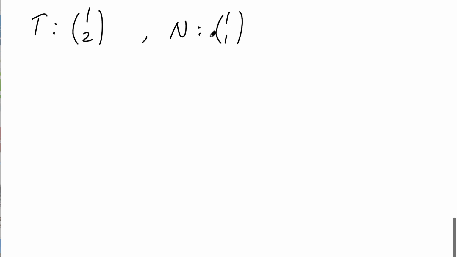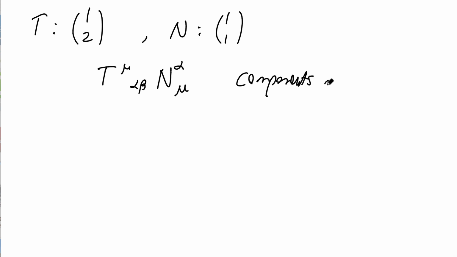So for example, let's let T once again be a type (1,2) tensor, and let's take a type (1,1) tensor N. We can form a tensor as T^μ_{αβ} N^α_μ. So this is a covector, or these are the components of a covector. And I can tell because the one free index is β and it's down. And what is this?